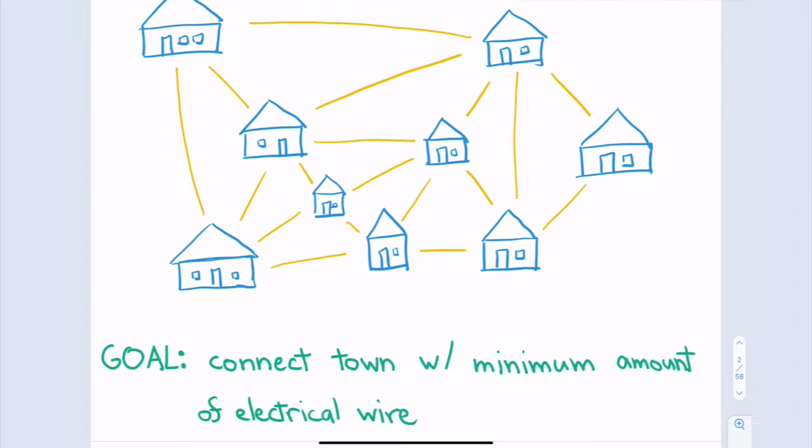Just one path from house to house is fine. We're not worried about redundancy or something like that here. That's a different class of problems, or rather an extended class of problems. And okay, so let's say that the amount of wire used to connect two houses is roughly proportional to the length drawn on the screen. And suppose we wanted to ultimately connect all the houses with the minimum total amount of wire.